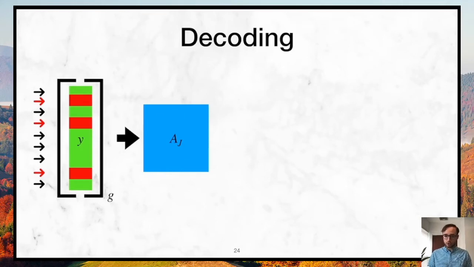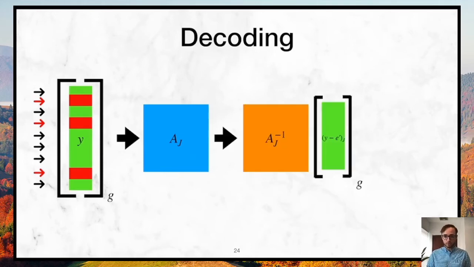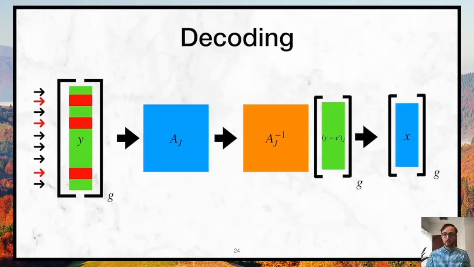We call this J. We end up with a square matrix, which we then can invert. We multiply this square matrix by our restricted noisy code word minus this other biometric value. If this is indeed an error-free subset, then this multiplication should give us x in the exponent of the group.